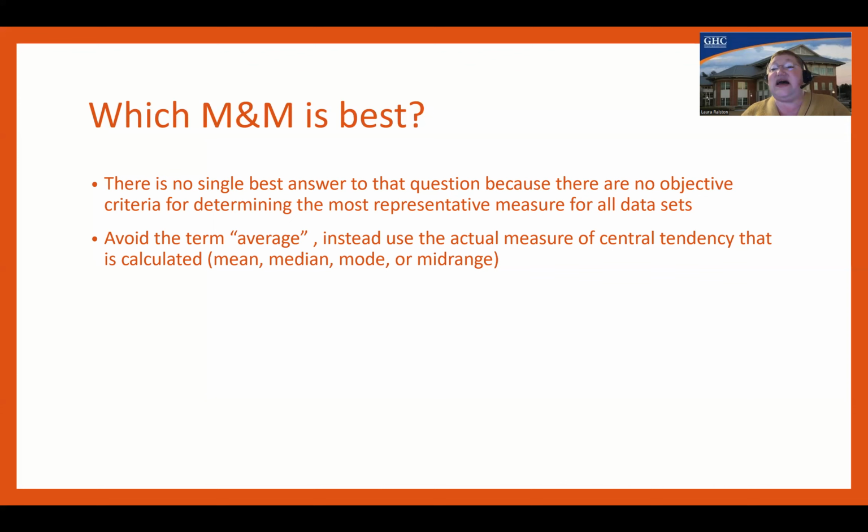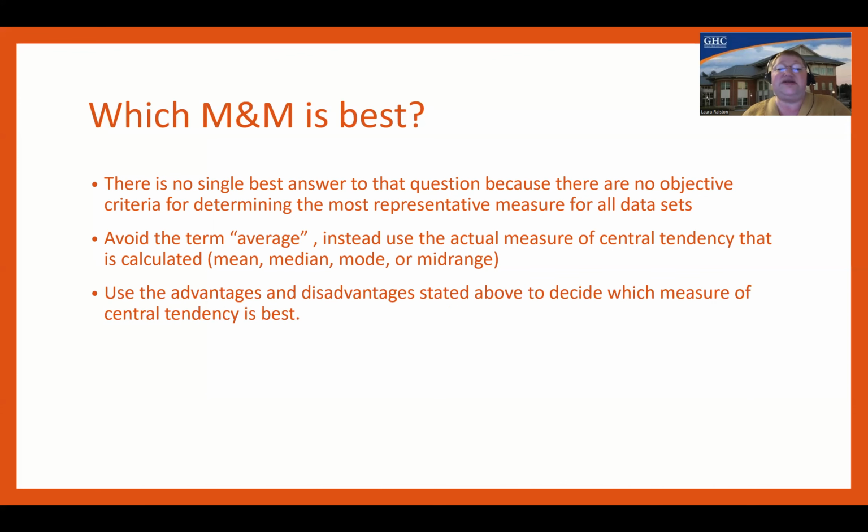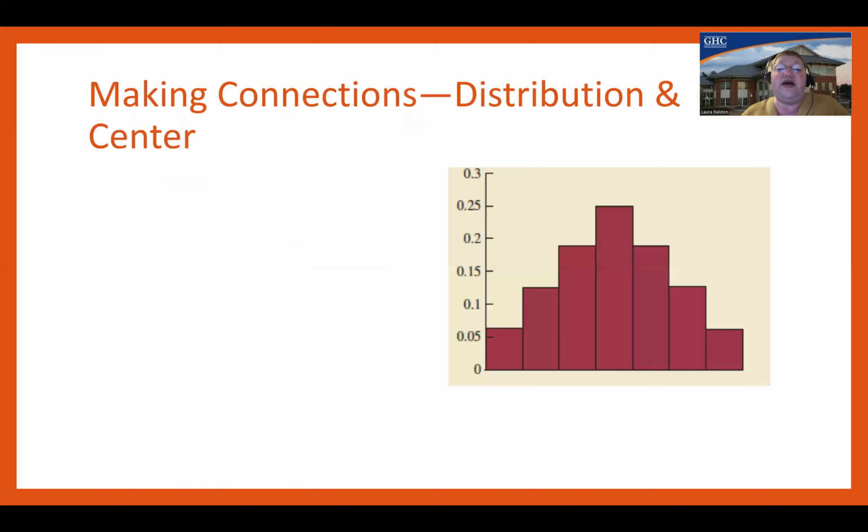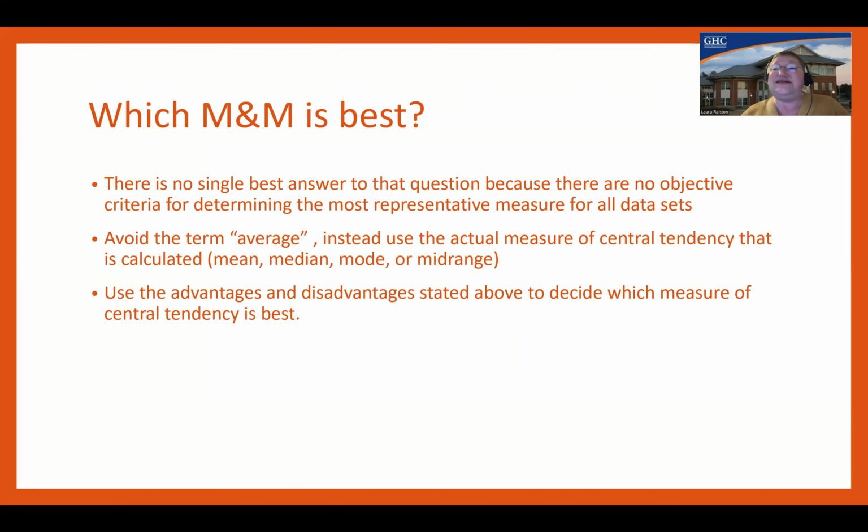Again, they're emphasizing which measurement they use. And again, I've tried to point out the advantages and disadvantages of each one, and that's going to be what helps you to decide which measure to use.